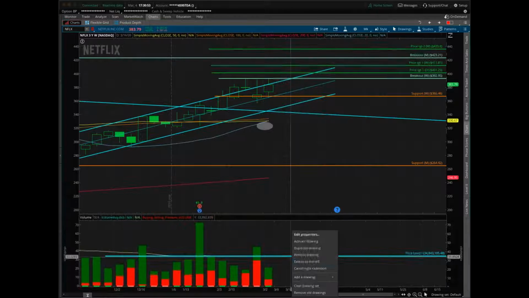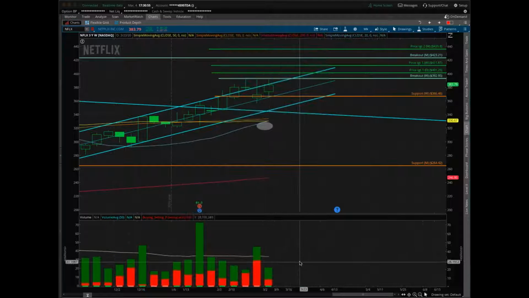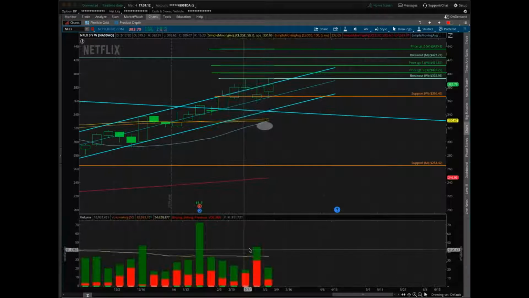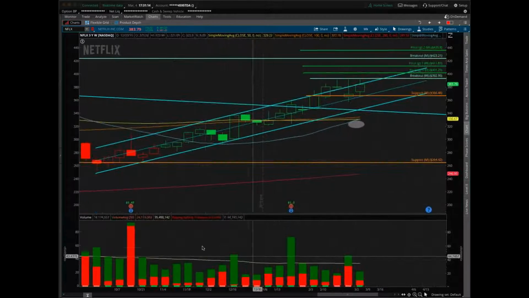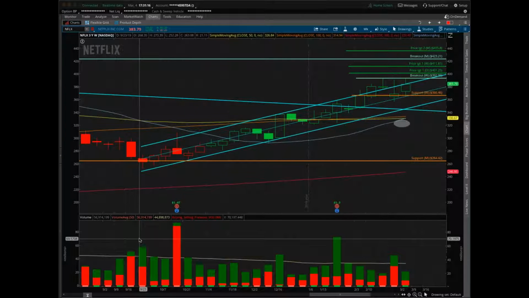Everybody see that line, right? So that is the average volume over the past 50 days. So we want to know what the average volume was, so when we get above average volume, we're aware of it. And we want to know if that's buying or selling volume.